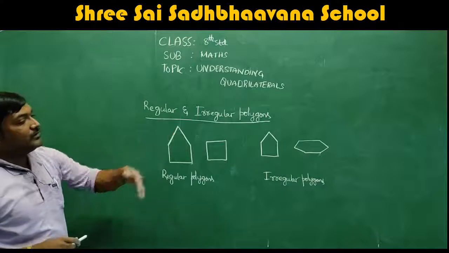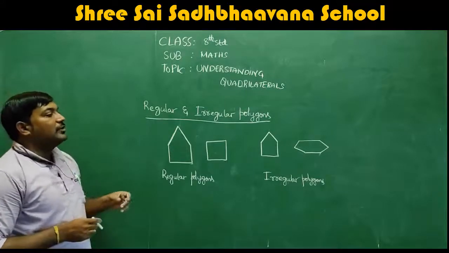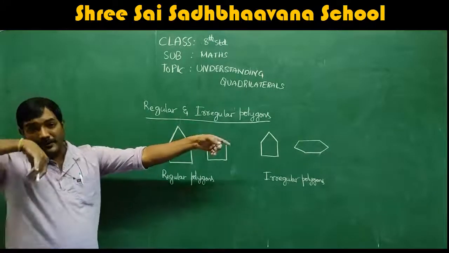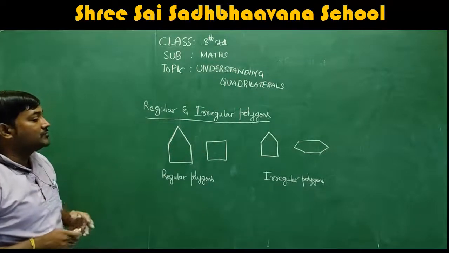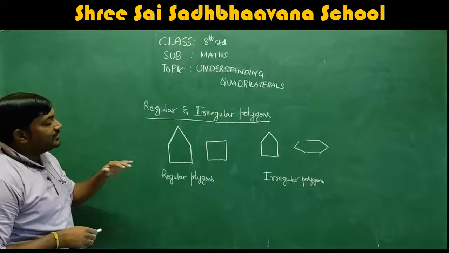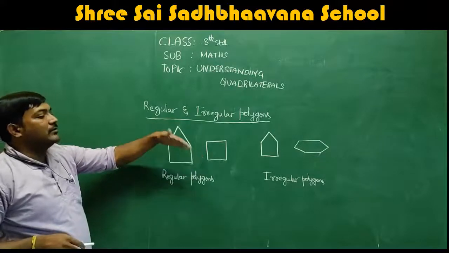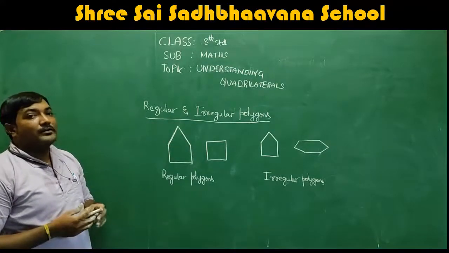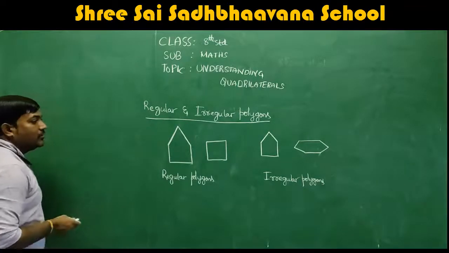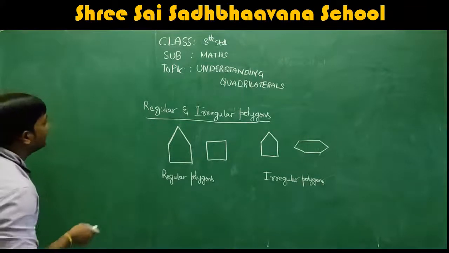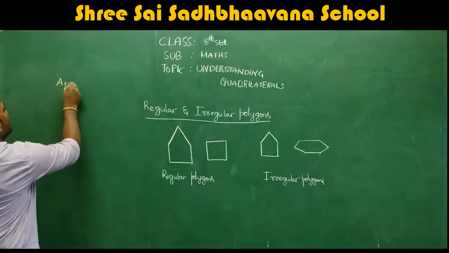You can observe in these four figures that they have unequal sides, and here all the closed figures have equal sides. That is why these are called regular polygons and those are called irregular polygons. I hope you understood the difference between regular and irregular polygons.